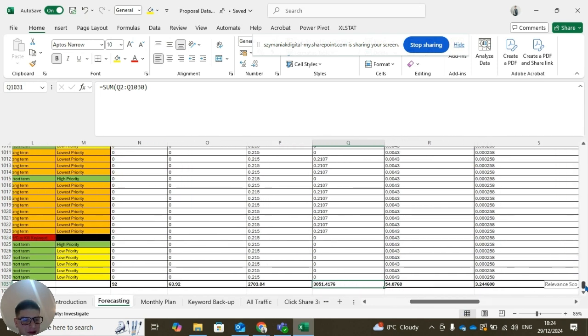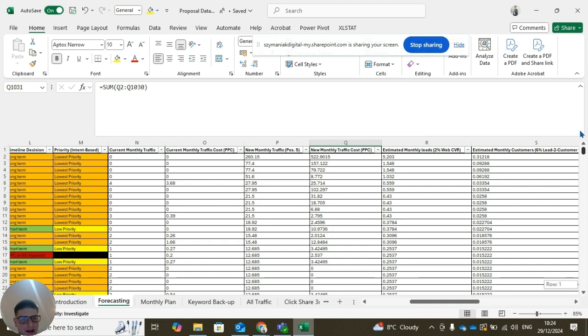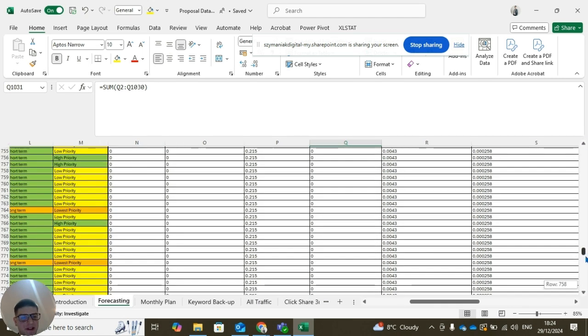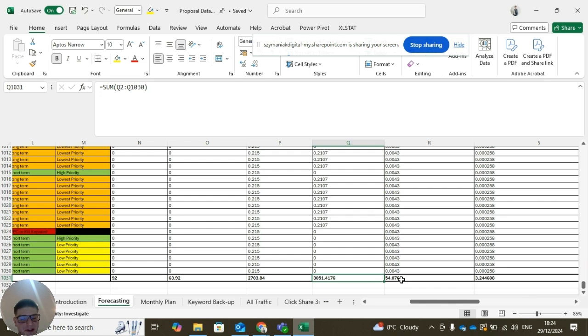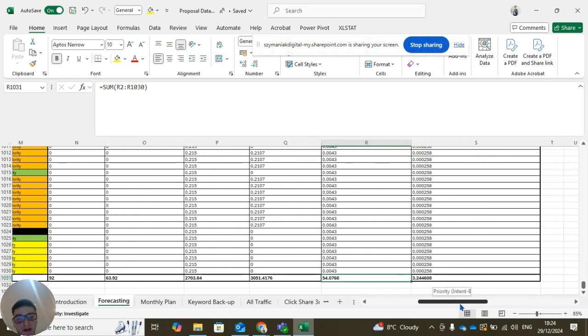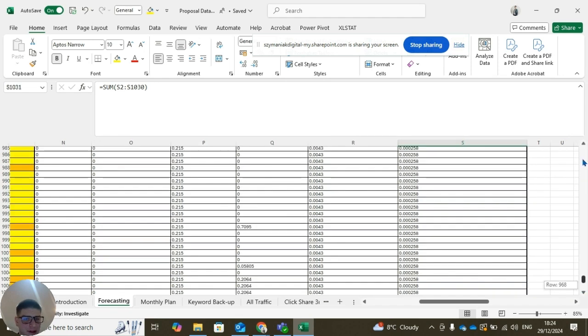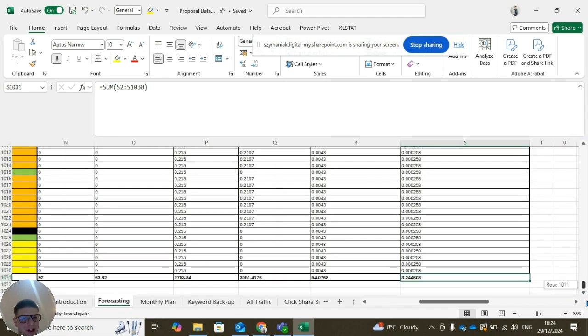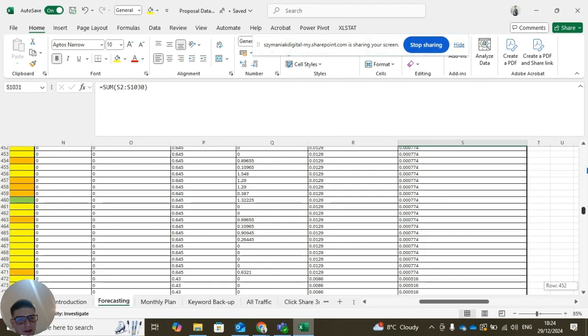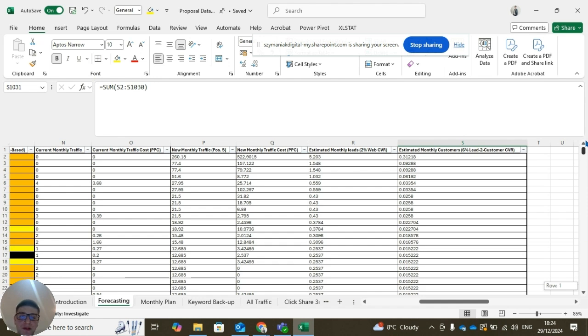And we're just summing up the total. So this is how many leads they would get. By doing SEO with us, they would get around 54 leads on average per month after the 12-month period. And if you look at the monthly customers, because this is a service-based business, this is how I calculated it. The lead to customer rate would differ for e-commerce websites, but for service-based businesses, we need a metric like lead to customer conversion rate.